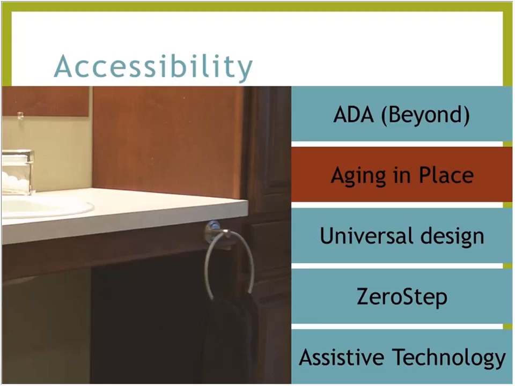Universal design is another topic you might hear about. Zero-step certification is a guidance program that can give you ideas on how to do all this, check it off and get it certified. And then assistive technology is growing, things like keyless locks that can help people get around a space or get into a space.